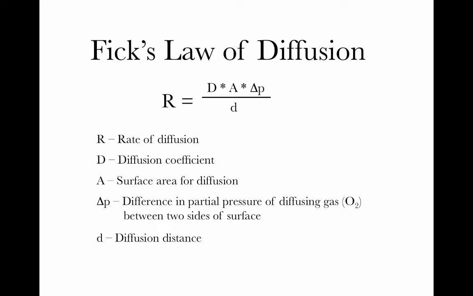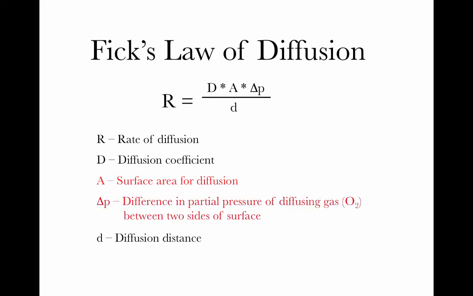What we are going to concentrate on are the different adaptations for manipulating the rest of these factors in the equation. So capital A is the surface area available for diffusion. This is going to be a big one when we're talking about providing nutrients and oxygen to a very large-bodied animal. You need to really get a lot of surface area.